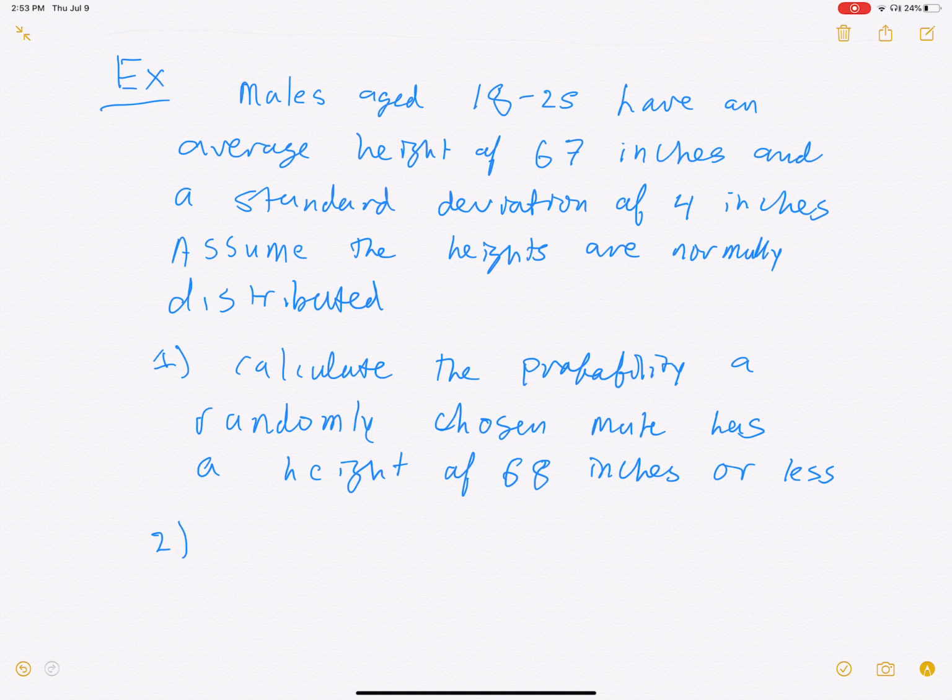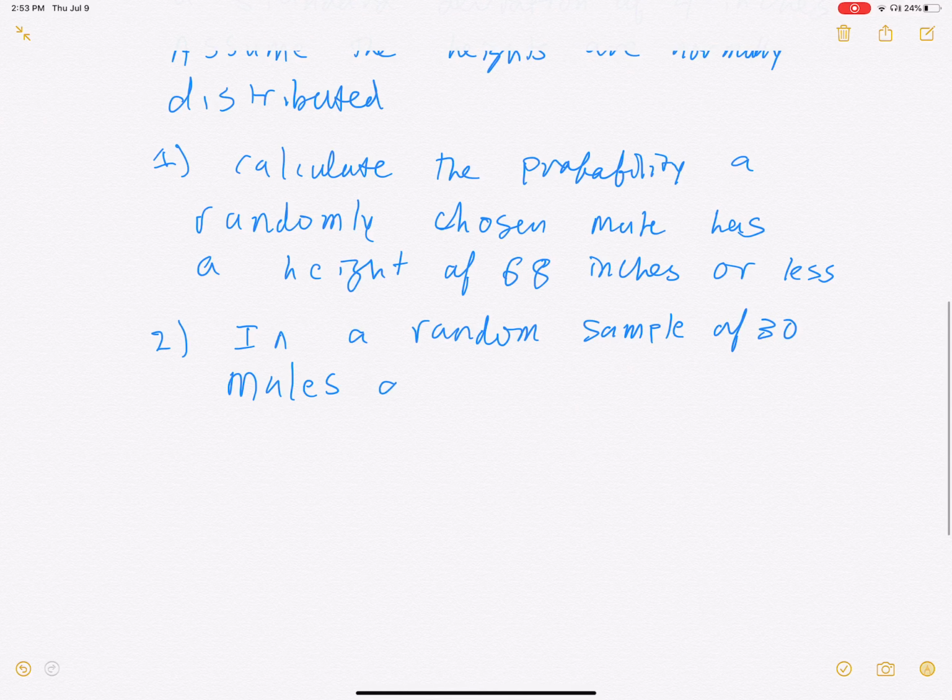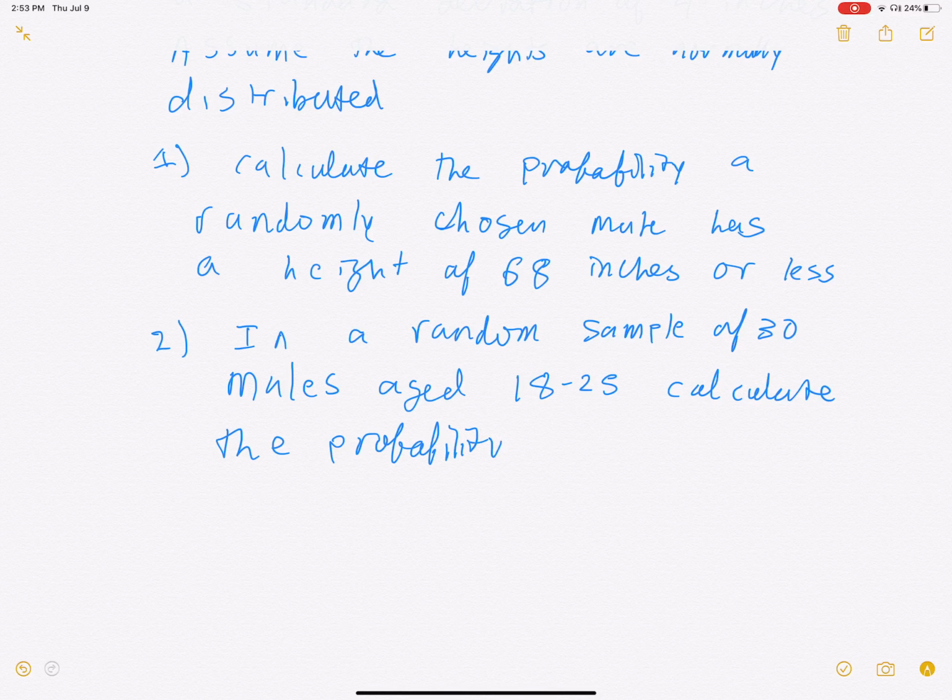And two, in a random sample of 30 males aged 18 to 25, calculate the probability the average height is less than 68 inches.